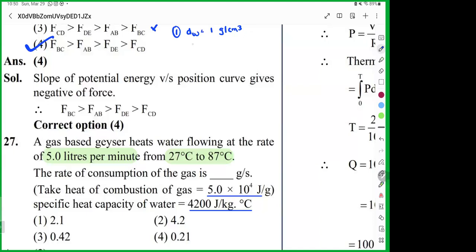That's why, in the case of water, 5 liter is equal to 5 kg. Rate of water flow, dm by dt: what is the rate? 5 kg in 1 minute, 60 seconds. Correct?